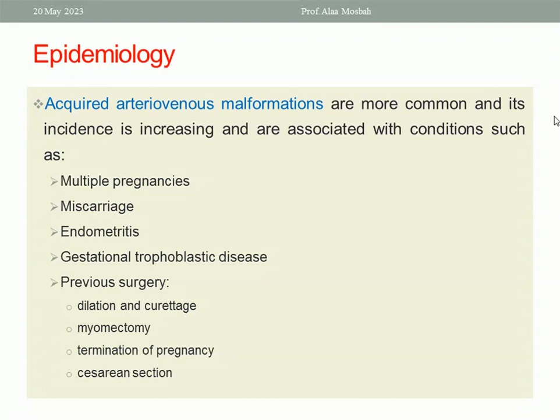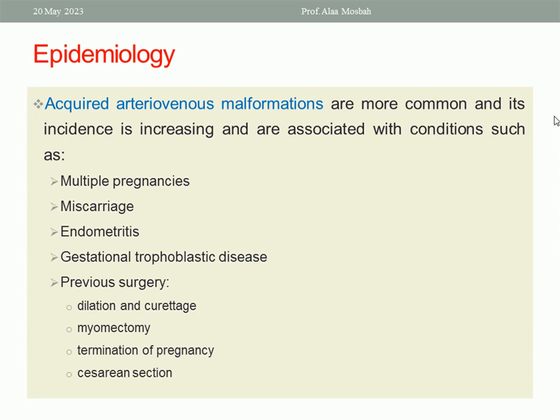So as I said, acquired arteriovenous malformation is more common than congenital, and its incidence is increasing and is associated with conditions such as, what are the risk factors that increase the incidence of acquired arteriovenous malformation in the uterus?